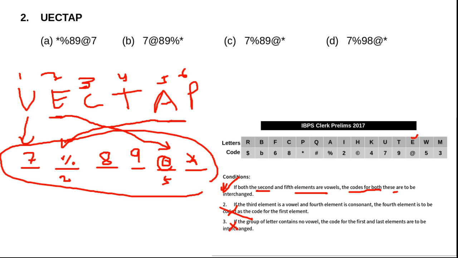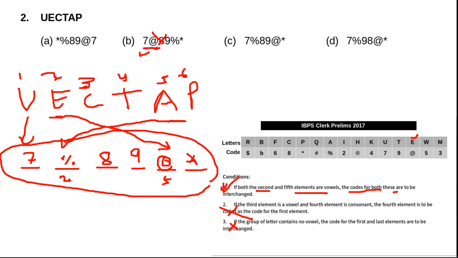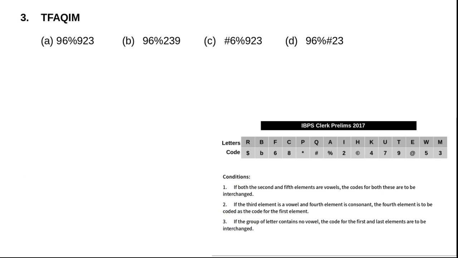So this is our answer: 7, @, 8, 9, %, star. But the option with 7 has % after the second element, so it is not valid. So C is our correct answer.